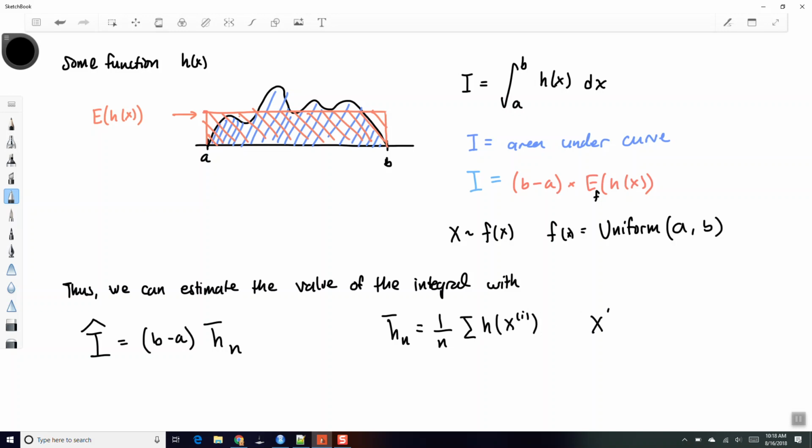Okay, and then our x sub i's are random draws from the uniform distribution from a to b.